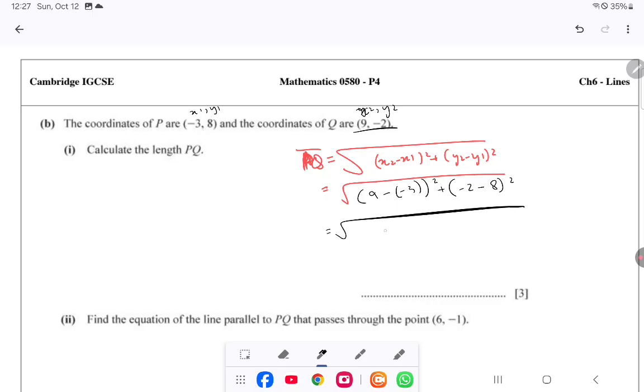Negative negative positive 12 square plus negative negative add 8, 10 square, 144 plus 100 will give you the value of 15.62. This is our line PQ distance.